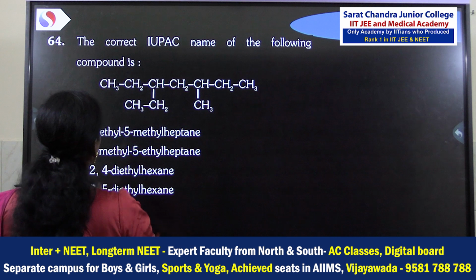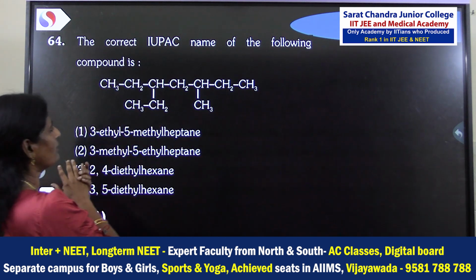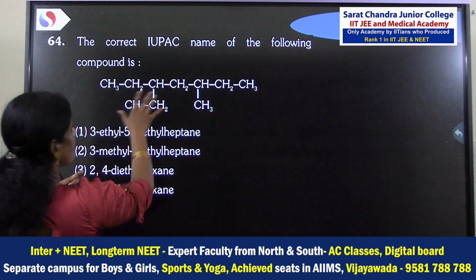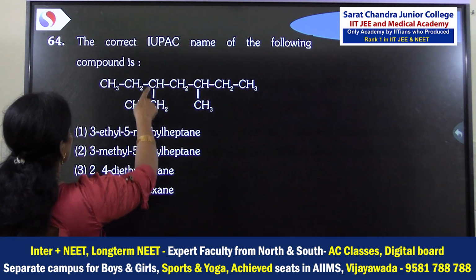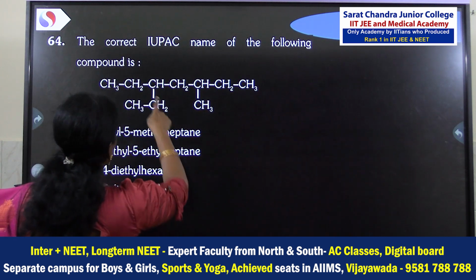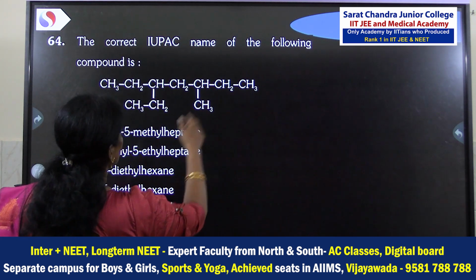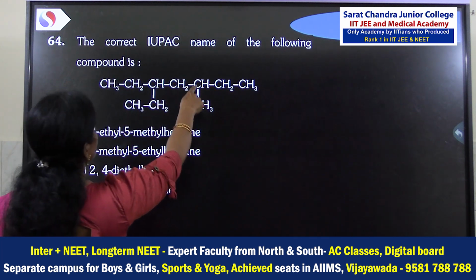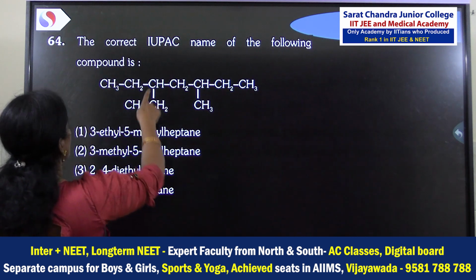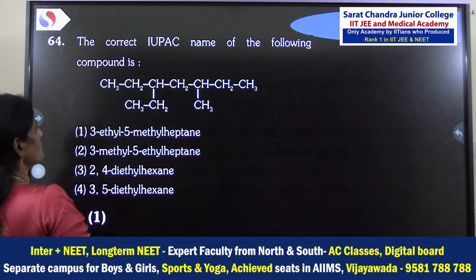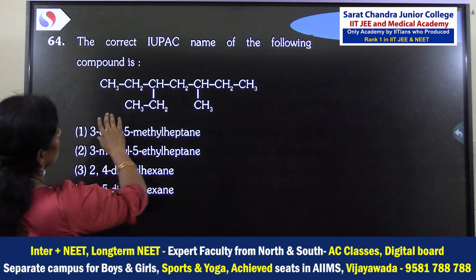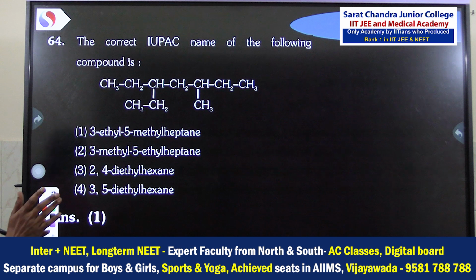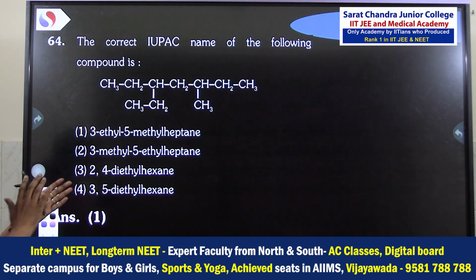Next, coming to numbering from left to right or right to left: if numbering from left to right, substituents are present on the 3rd carbon and 5th carbon, and from right to left, again there is one substituent on the 3rd carbon and another on the 5th carbon. The lowest sum rule gives the same result from both sides.